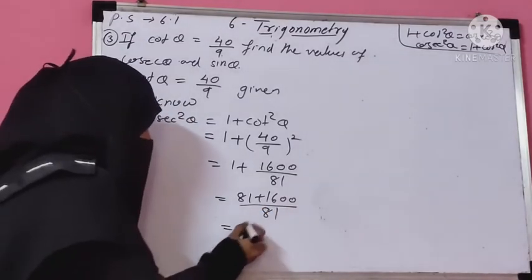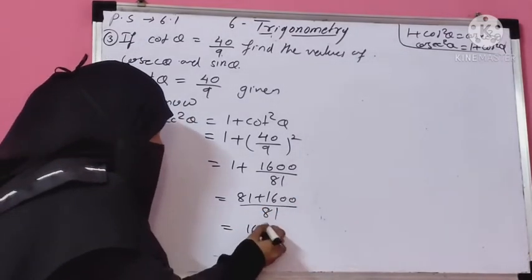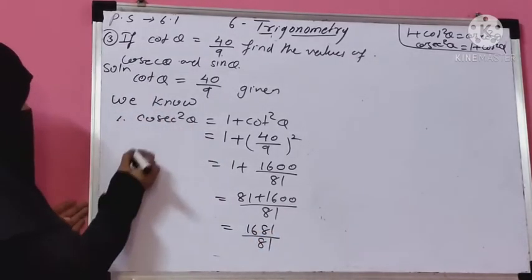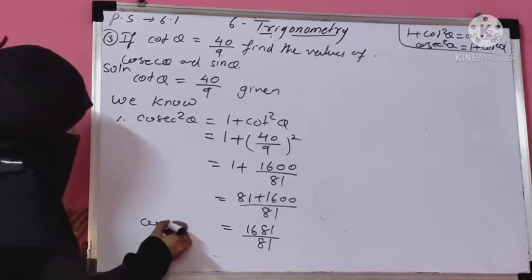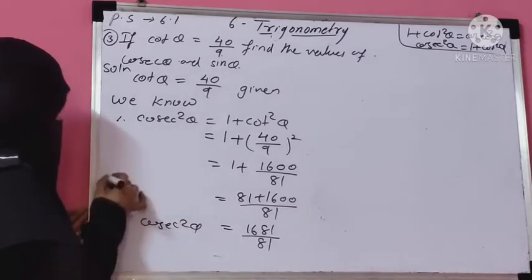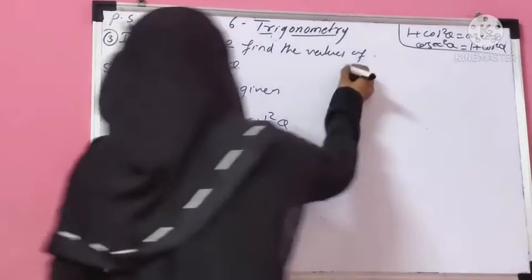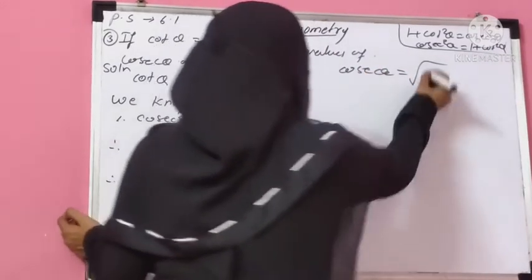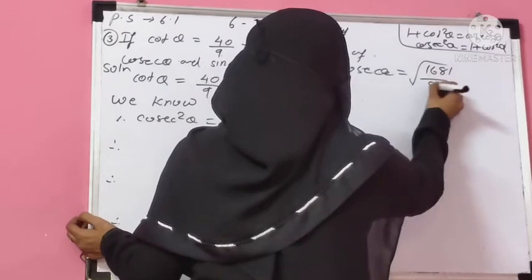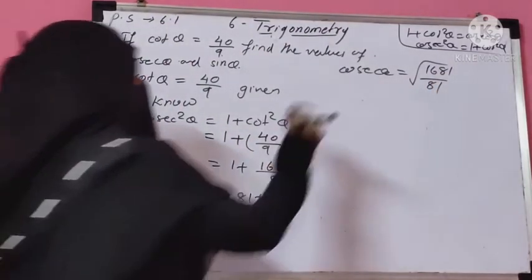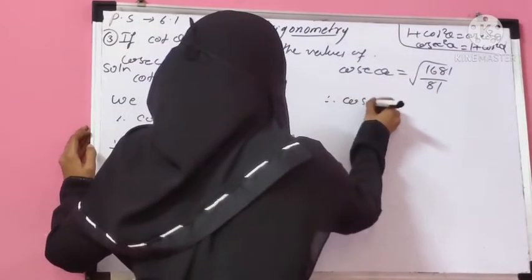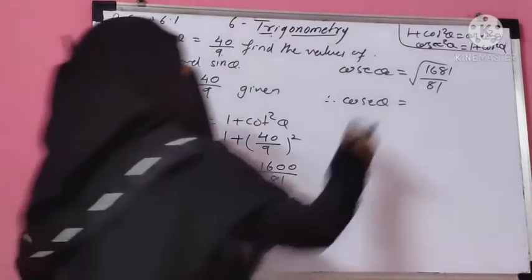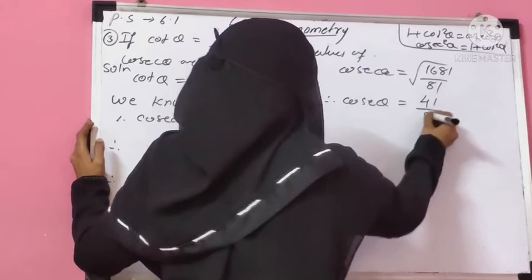Okay. Now add them: 1681 divided by 81. Okay. Here you get the value of cosec square theta. Okay. Now therefore cosec theta is equal to under root 1681 divided by 81. Okay. Now therefore cosec theta is equal to 1681 square root is 41 upon 9.